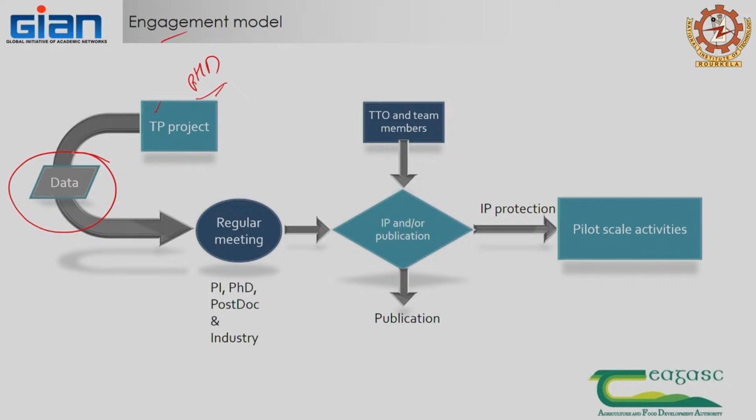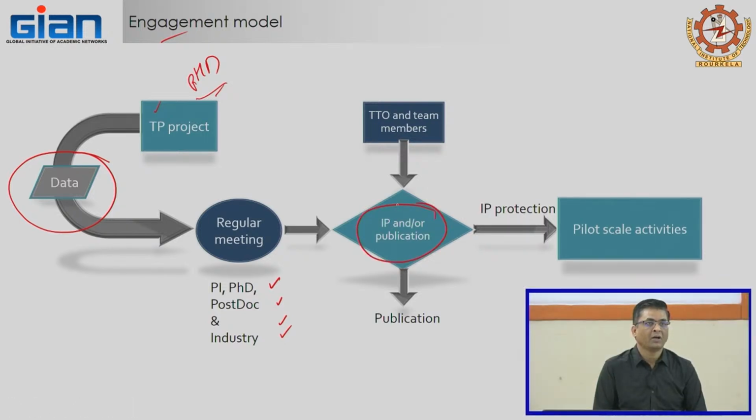Data. And what you do with data is, if it is an industry project, discuss each and every piece of data with the concerned PI, PhD, postdoc or other stakeholders involved in it. Then see whether you can protect IP or whether it is just knowledge which has been created.